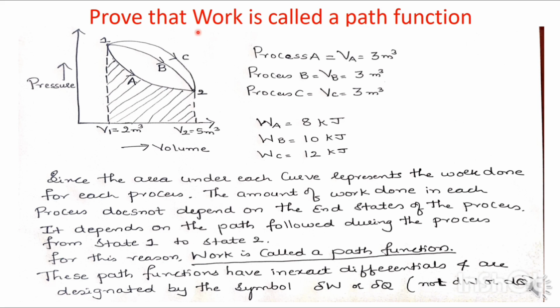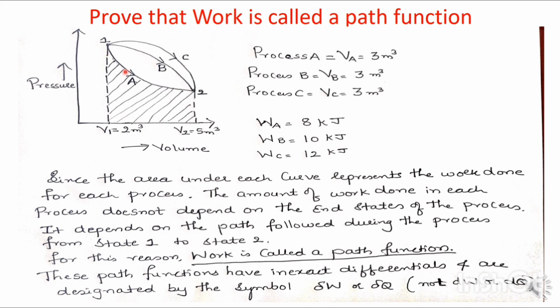They are dependent on the path followed, not on the end states. So now let us prove that work is called a path function. Here we have considered three processes.